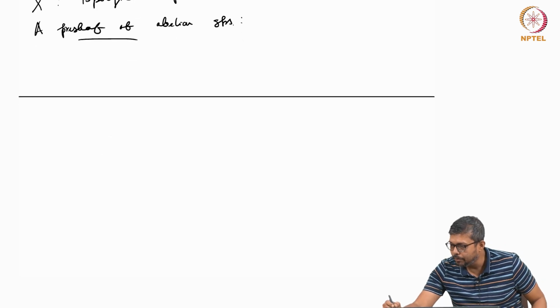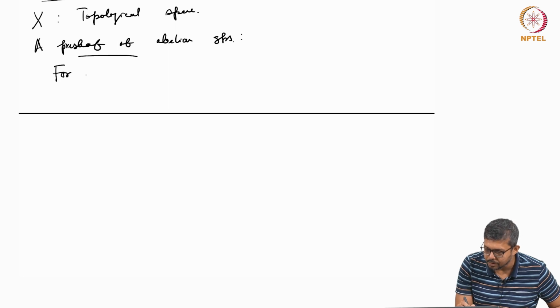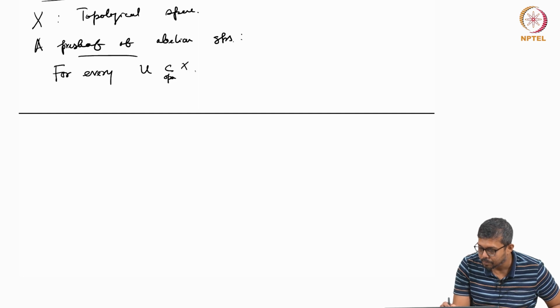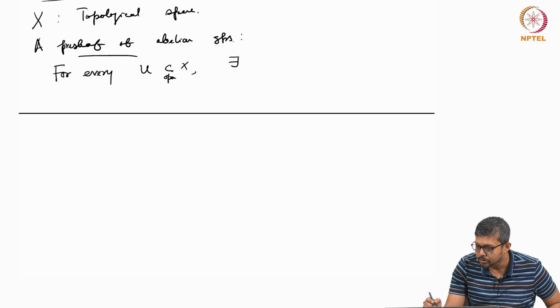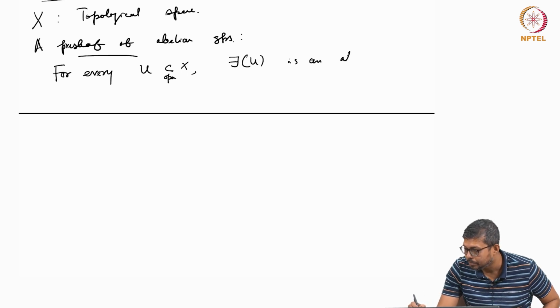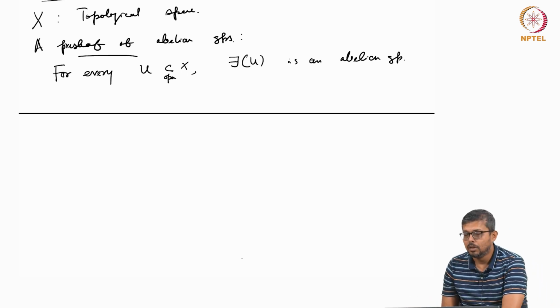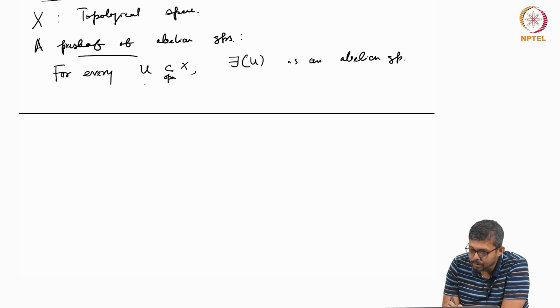So, how do you define it? It is a data that for every open subset U, F(U) is an abelian group, and F is called a presheaf. Now if U is empty, you define F(U) to be the identity group, the 0 group.